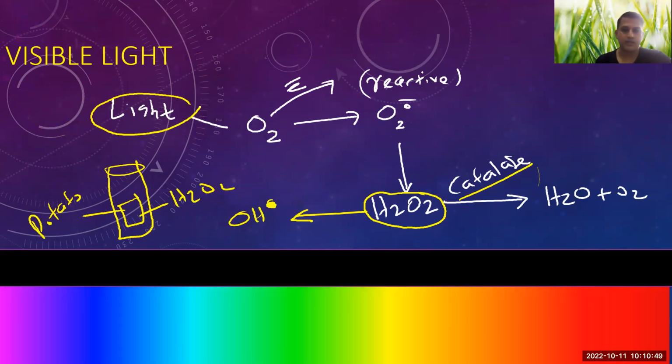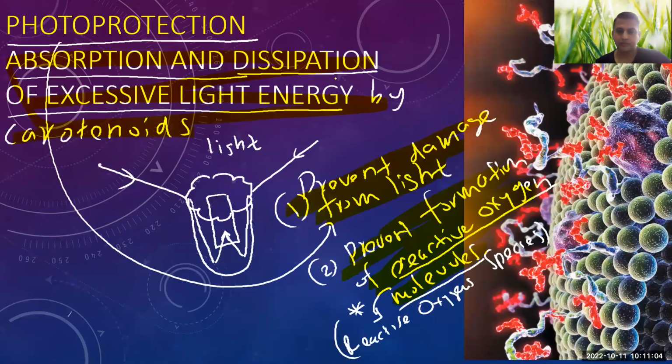Light energy is absorbed by the oxygen molecule and electrons are released, because too much energy can excite the molecules to release electrons. So this is an important thing to remember. The carotenoids' function is photoprotection.